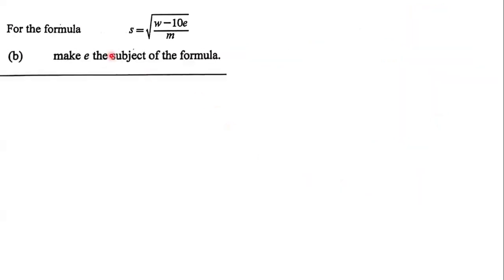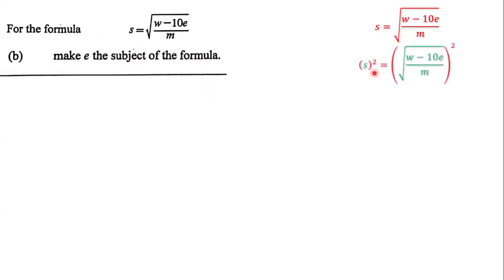Next, it says here, for the formula, S is equal to the square root of (W minus 10E) all over M, make E the subject of the formula. And so the first thing that we're going to do is try and get rid of the square root sign. In order to do that, we're going to square both sides of this equation.